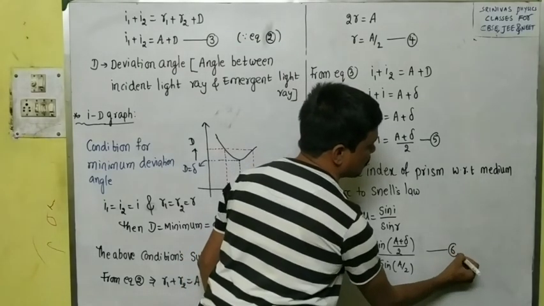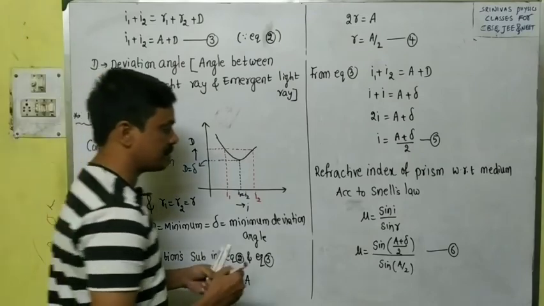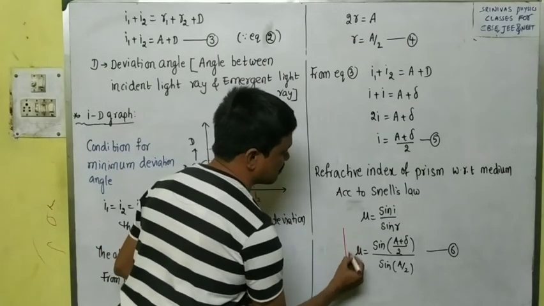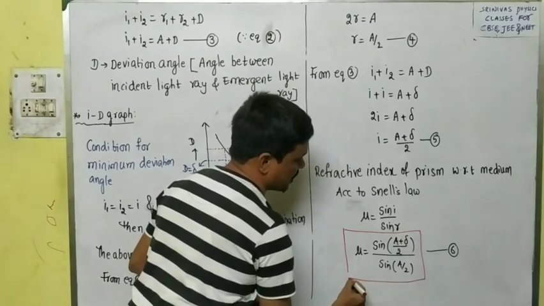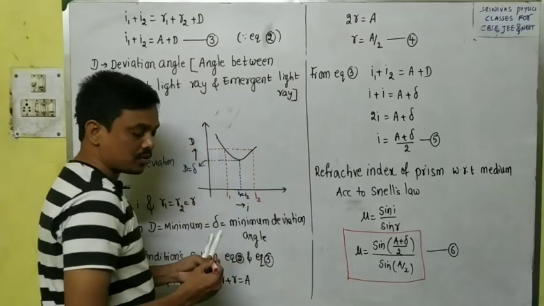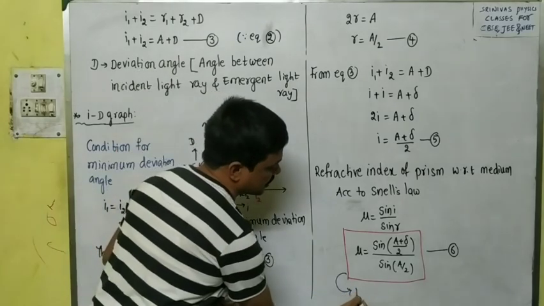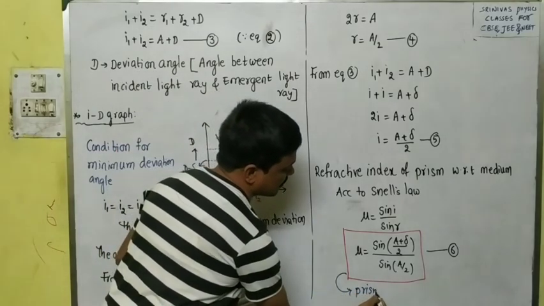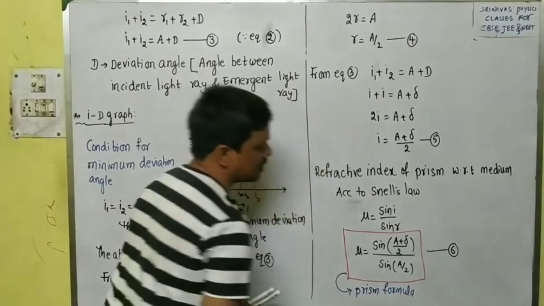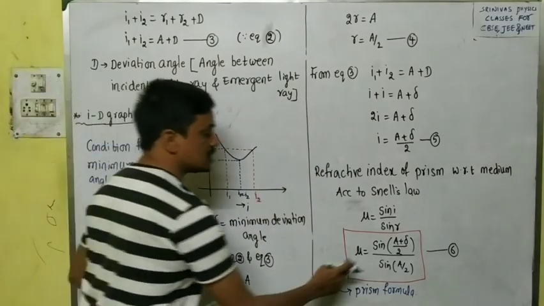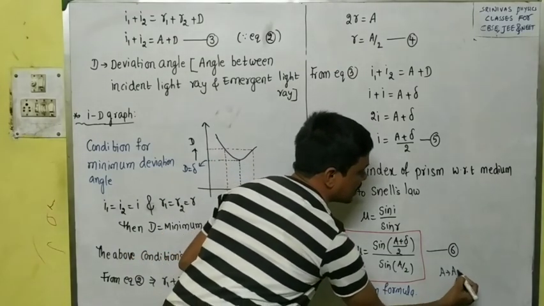This is the formula for the refractive index of the prism, and this is called the prism formula. This is the derivation of the prism formula. Very important, so listen very carefully. In this, A is the angle of prism.